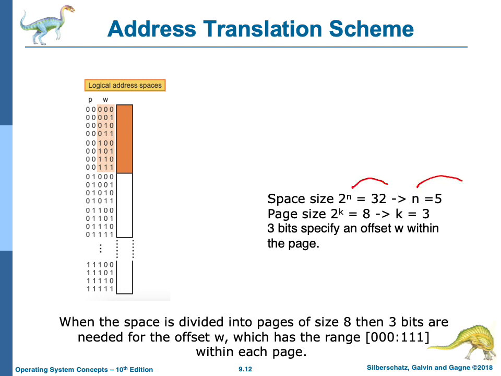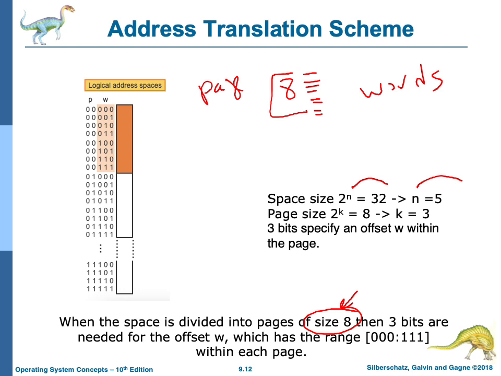So if I have now a space of size 32 words, and we said we're going to need 5 bits to address each of those words, then if I decide to divide my space into pages of size 8, so that's my choice, which means each page will contain 8 words, then automatically I will need 3 bits to address each one of those 8 words, right?